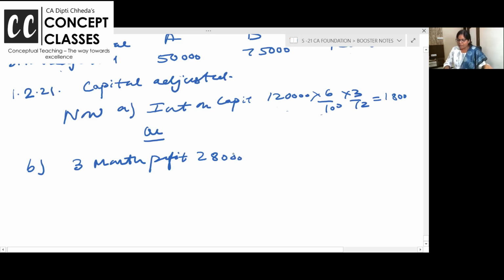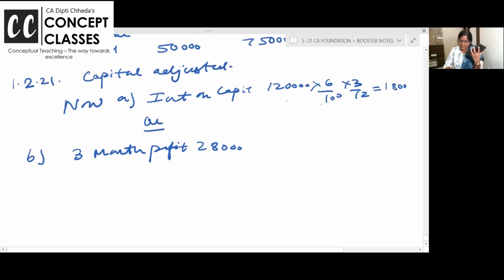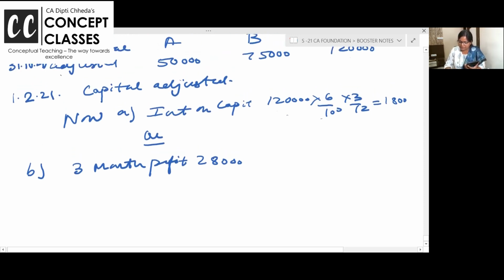C is asking to share the profit with me, but you can't share the profit in the PSR because November, December, January he was not a partner, he retired, so you can't share it in the PSR. तो आप कैसे share करोगे 3 months profit in the ratio of the capital?